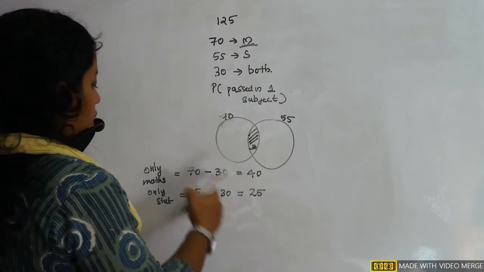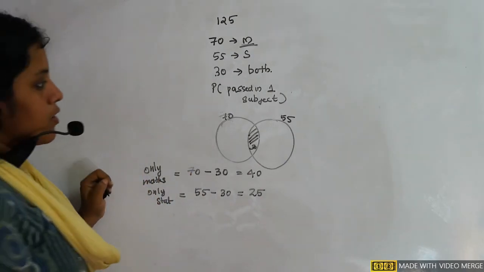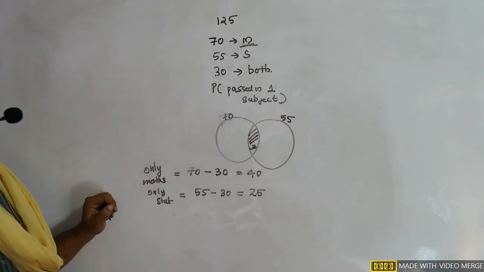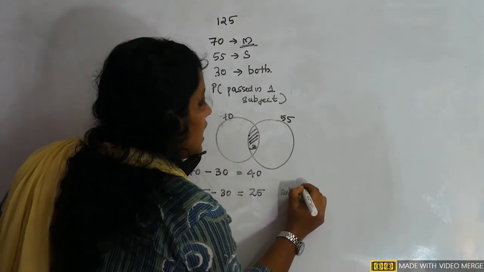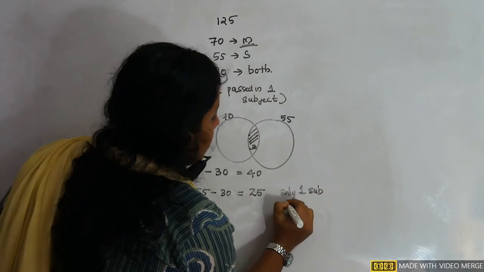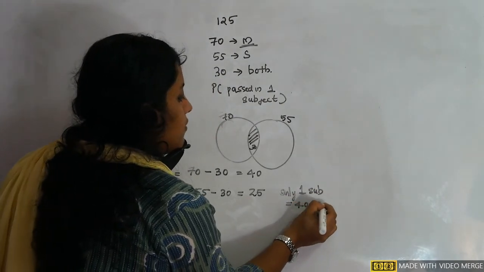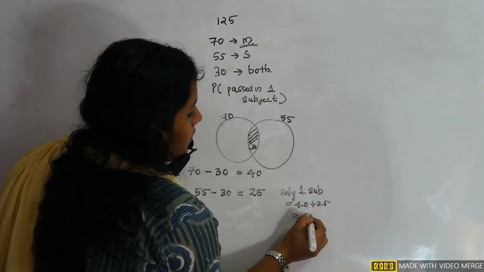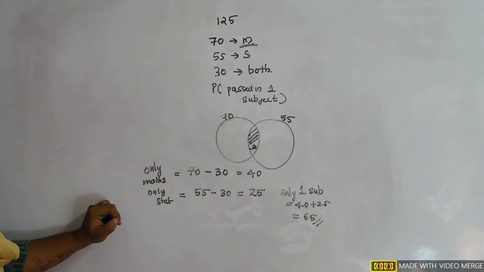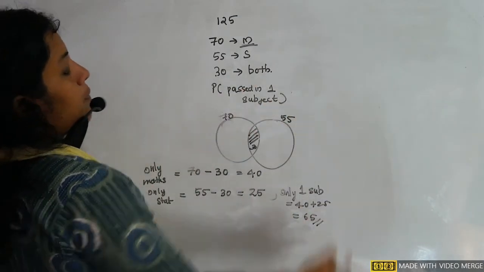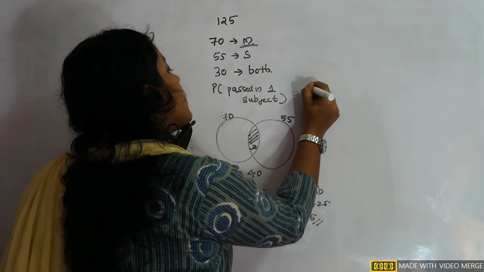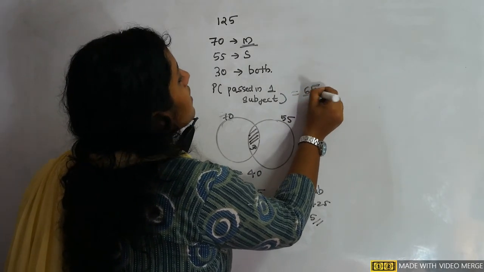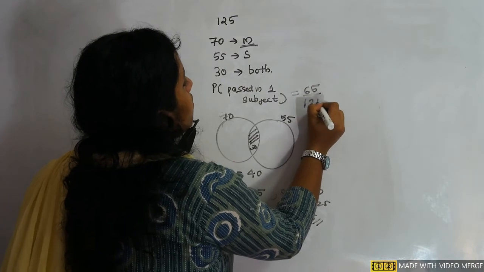Okay, so only in maths and only in statistics means passed in only one subject. Only one subject can be written as 40 plus 25, that is 65. So we can write the probability of passing only one subject as 65 divided by the total, which is 125.